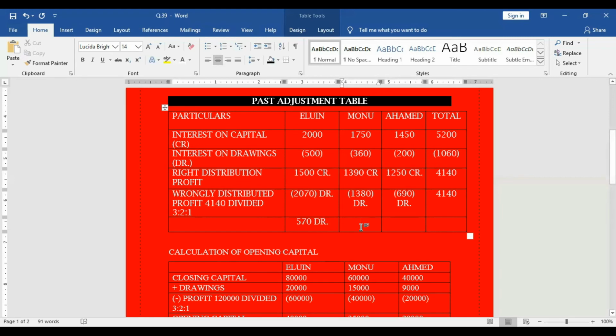For Monu, a credit of 10 rupees is higher, so Monu has to be credited with 10 rupees. And for Ahmad, the difference is 1,250 minus 690, so 560 we have to credit.